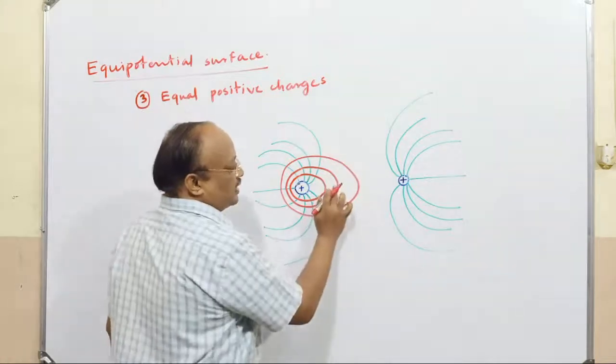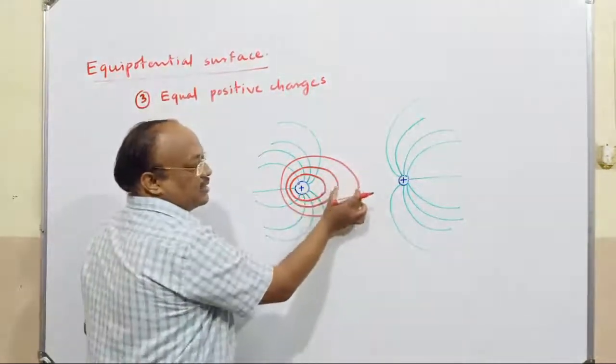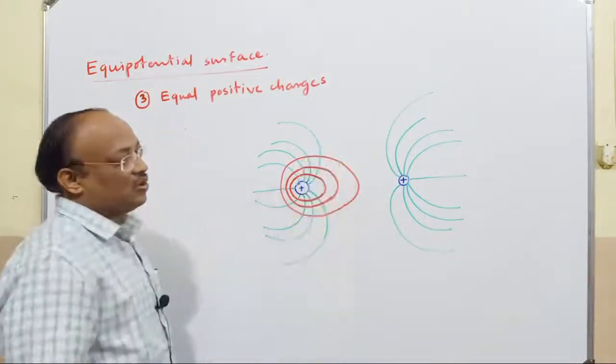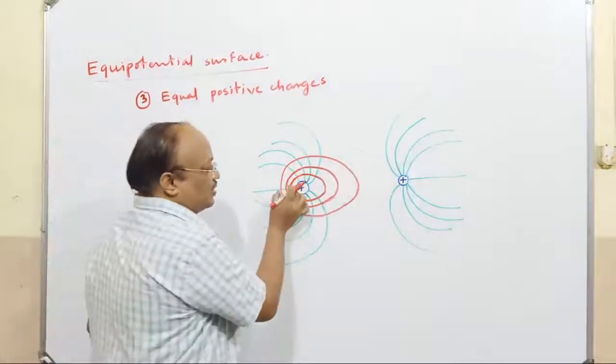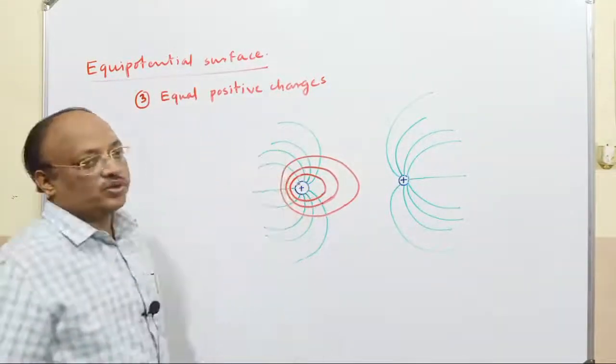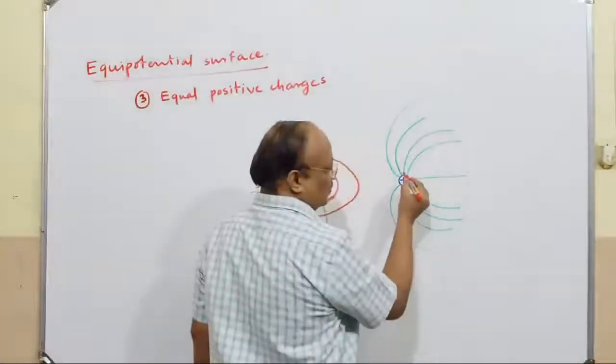The interspace between the equipotential surfaces goes on increasing here. Since it is dense, this side is closed. The same thing we observe on this side also.